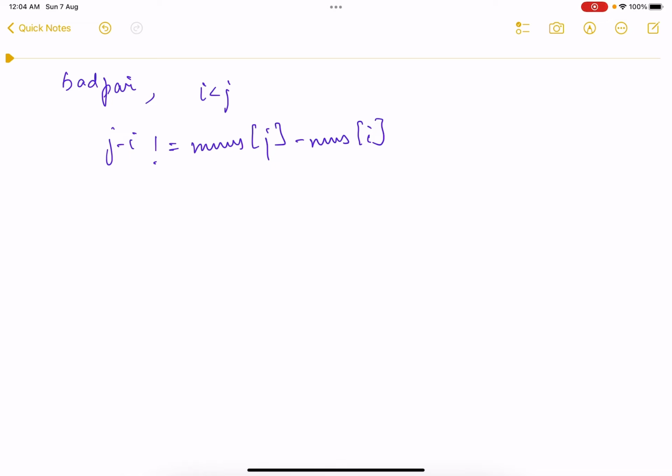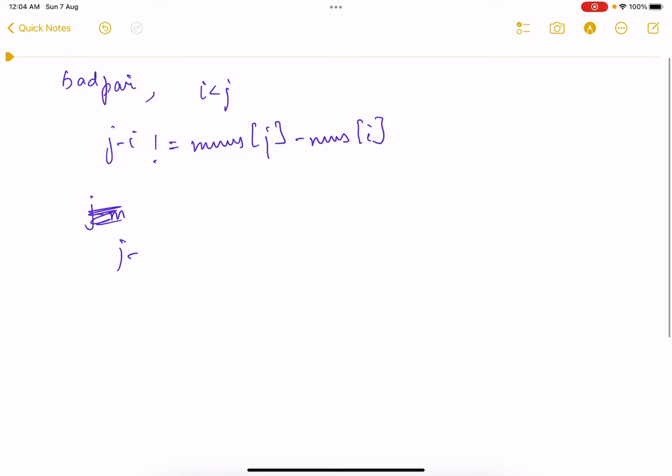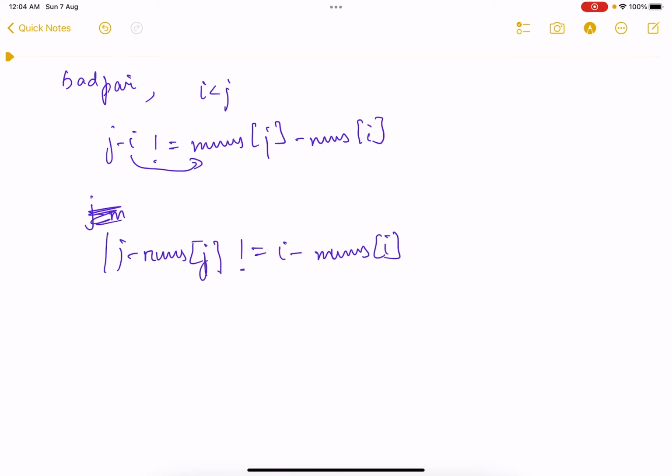Let's bring nums of j to the left side, so it becomes j minus nums of j is not equal to, let's take this i to the right side, so it will become i minus nums of i. Now we have a modified equation, and this is a simpler one.